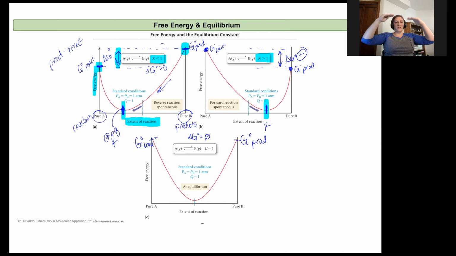And when those are equal, we're going to see that local minimum come right in between the two on the extent of our reaction, and we're going to see equal amounts of our products and our reactants. And so that difference in free energy between reactants and products, which is characterized by that change in standard free energy, really changes this graph and creates that driving force towards products or towards reactants.